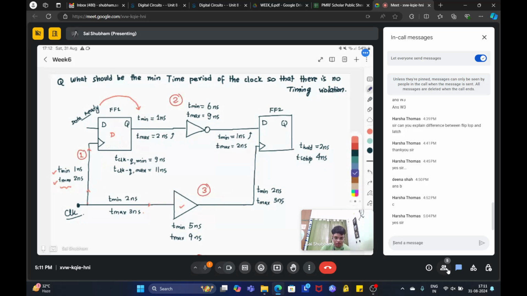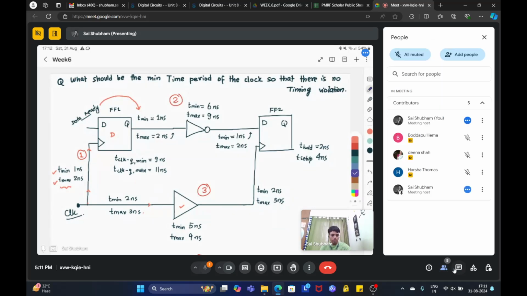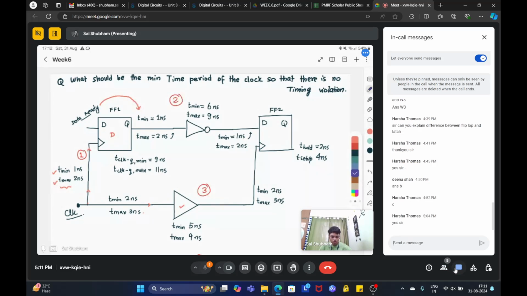If you're finding it a little difficult, you can tell me. I might skip this, or you can continue solving this problem. So just to ask you all, is the question clear?